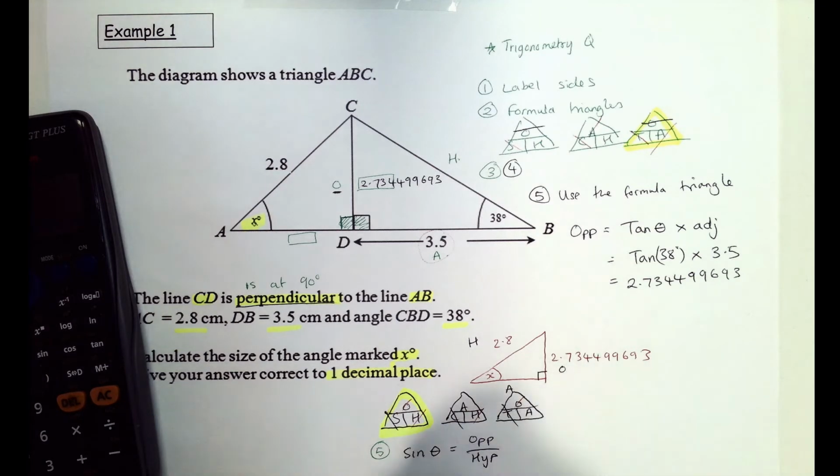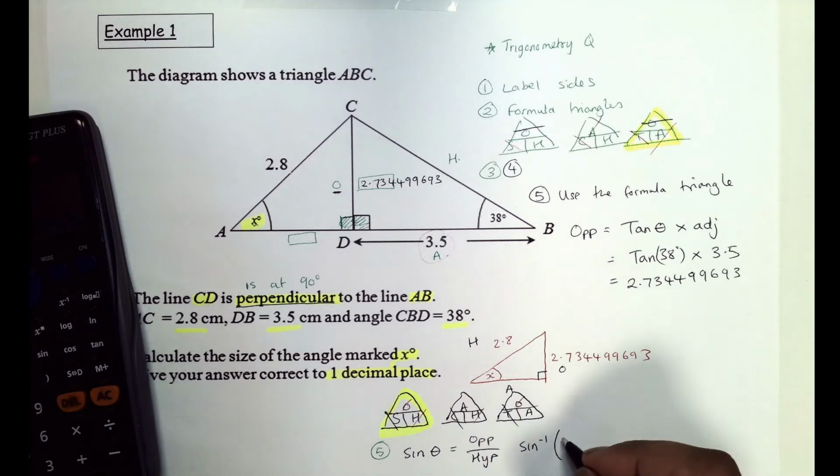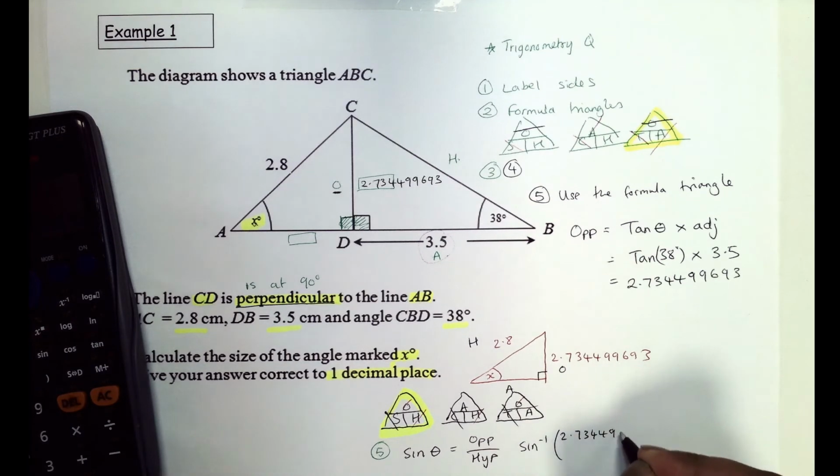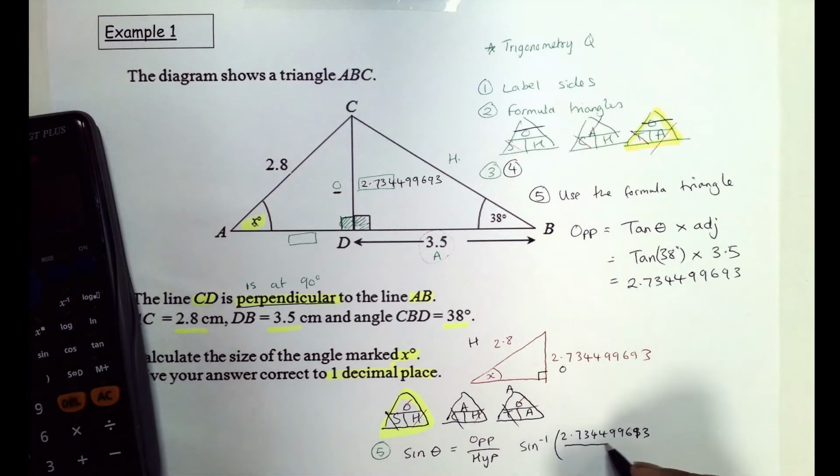So I need to do sine minus 1, and the opposite would be 2.734499693, divided by the hypotenuse 2.8.